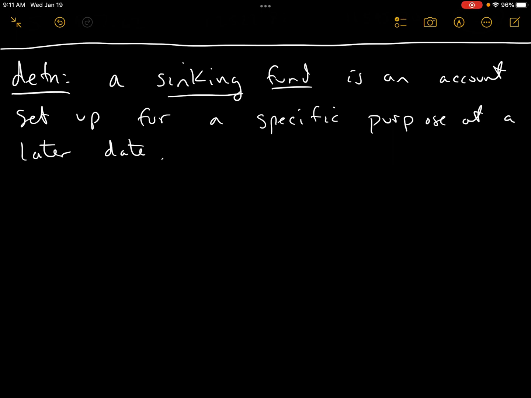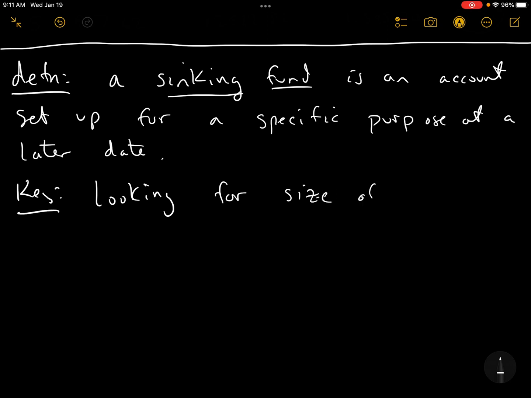So we already need to have all the money in the bank when we buy it so that we can pay for it. So this is key. You're looking for the size of payments to fund the future value of an annuity.